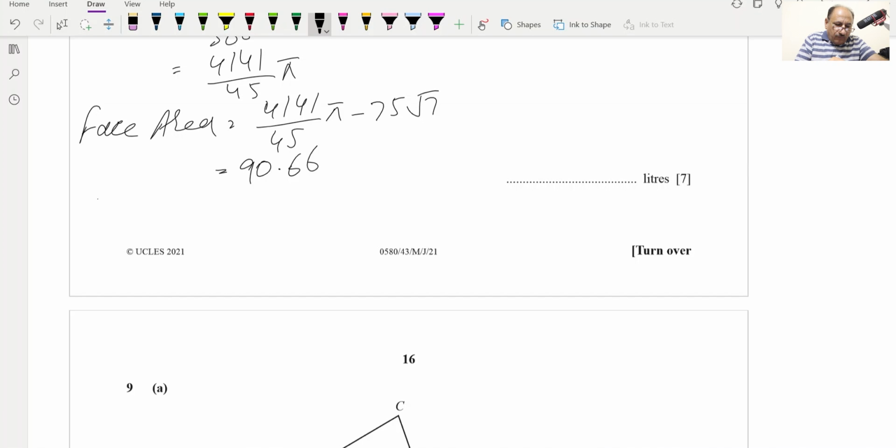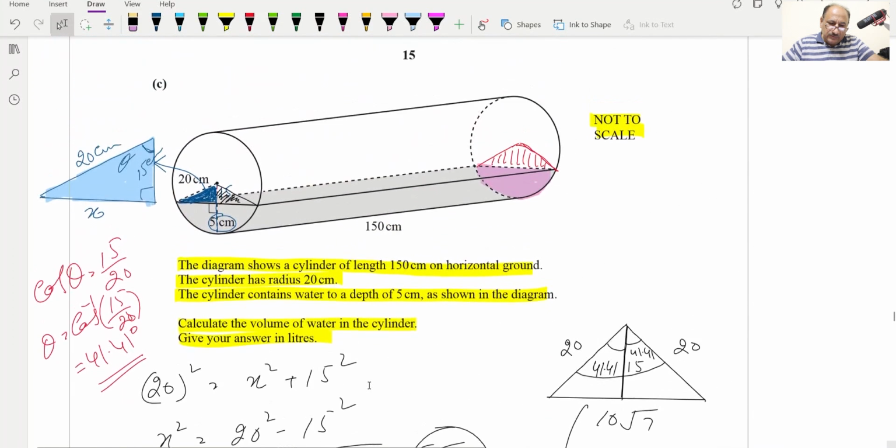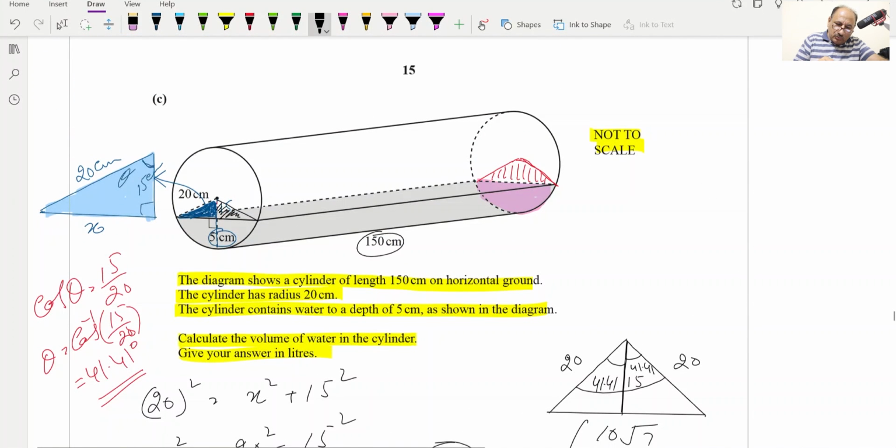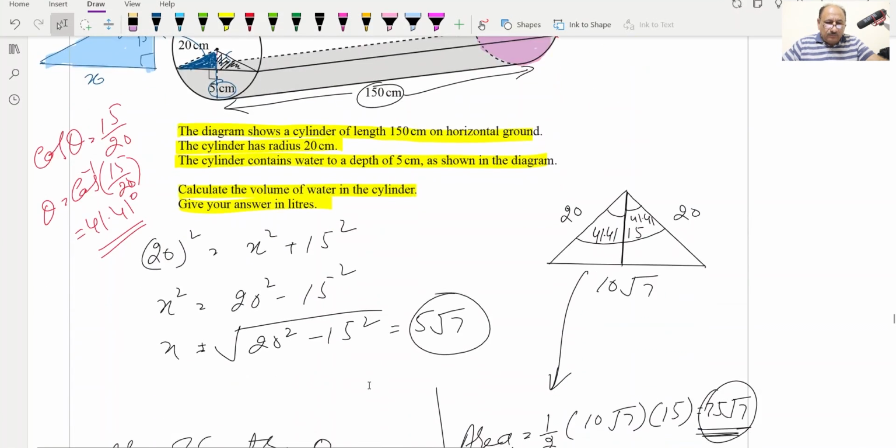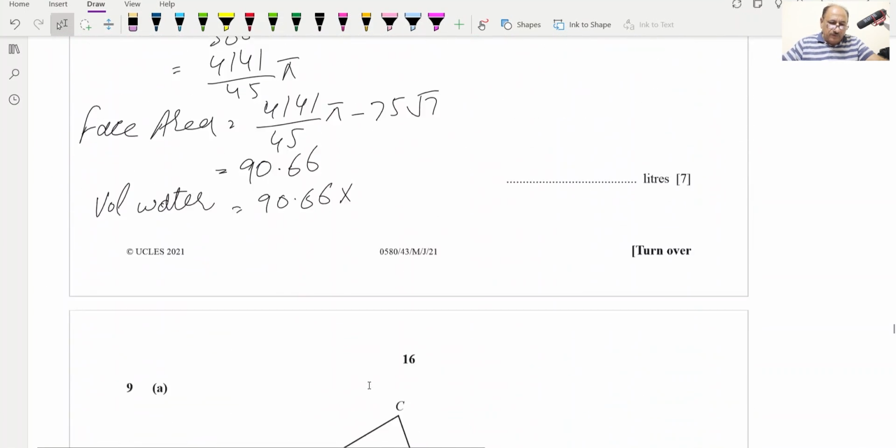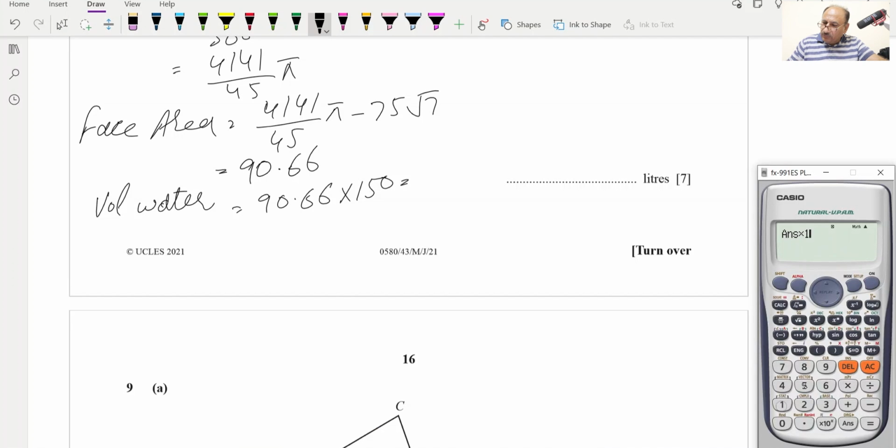So volume of water will be equal to 90.66 multiplied by the length, because the length is 150. So face area multiplied by length. We calculated face area, which is 90.66, and we multiply it with 150.